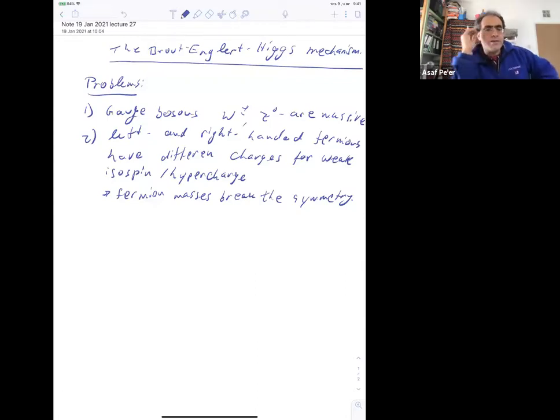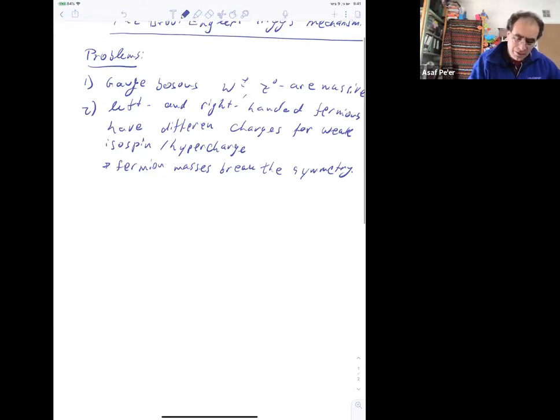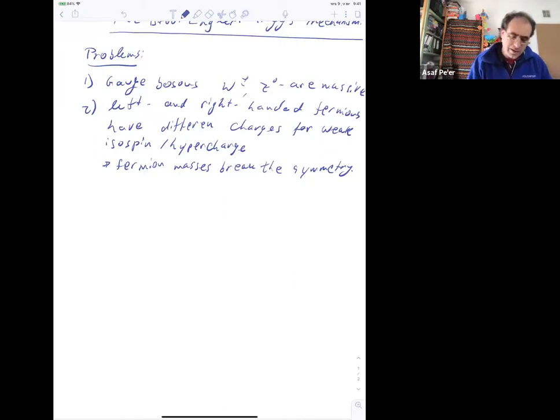Now, for our purposes, despite the fact that the Lagrangian is symmetric, the ground state of the system does not have to be symmetric. Let me write it down because this is a non-trivial statement.